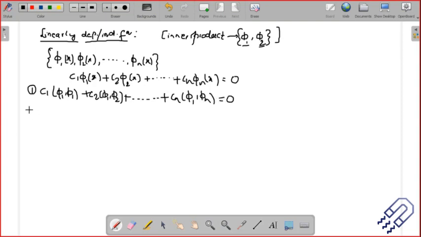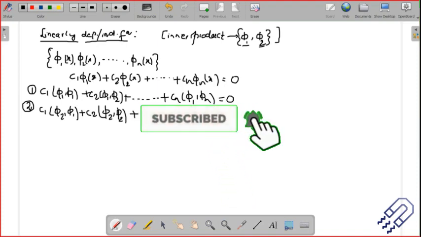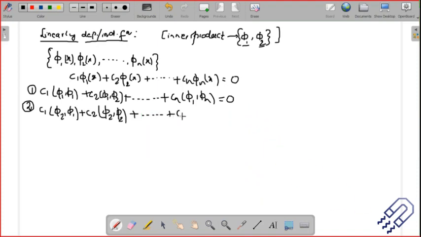Let's say this is the first one. Then we can write down another equation where we have the inner product with phi2. So maybe this is phi2 with phi1, just to keep track of what we're doing here, phi2 with phi2. So we are multiplying both sides by phi2, and we have cn phi2 phi n.